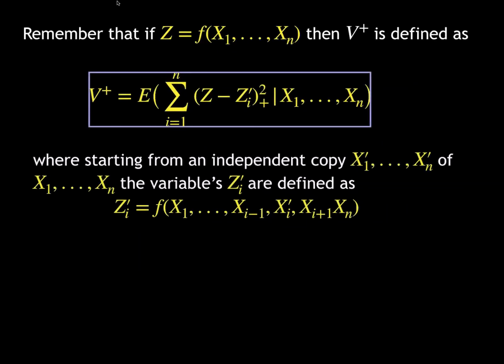So I remind you that the quantities which are involved in those inequalities look like quadratic variation in the theory of martingales, but are a bit different. We have the V plus quantities that we have seen appearing first in Efron-Stein's inequality.